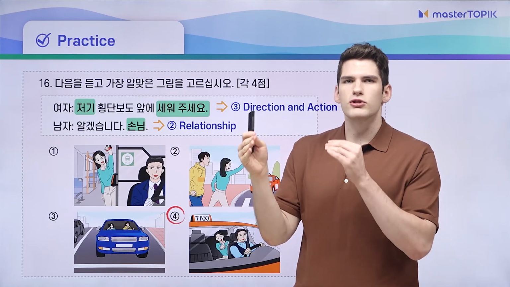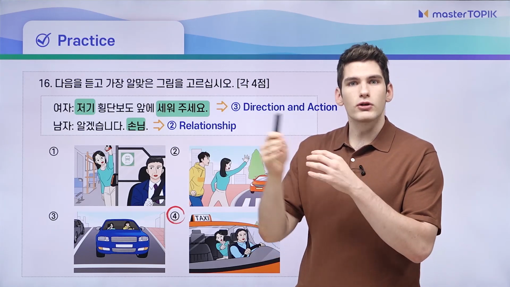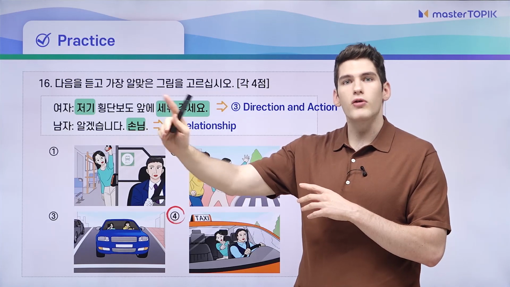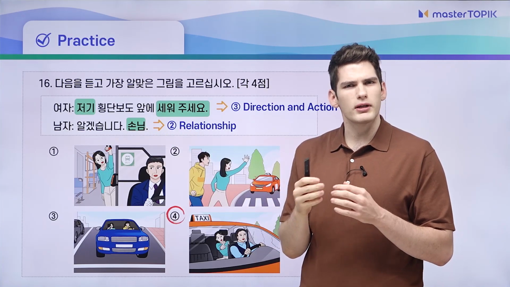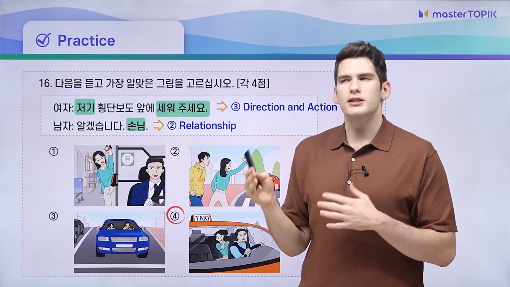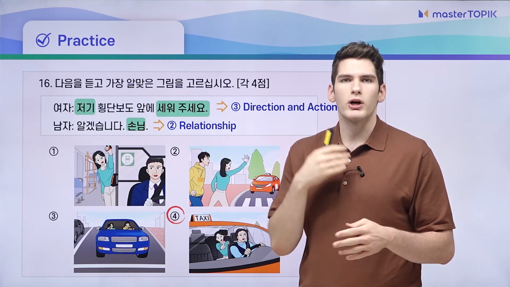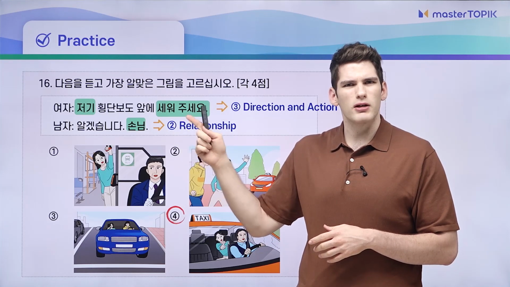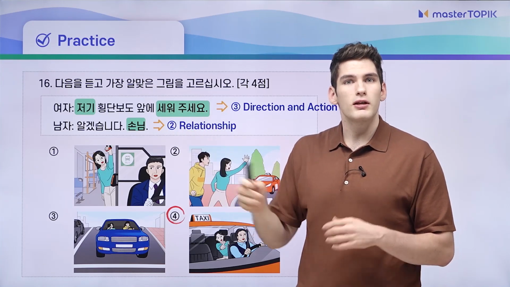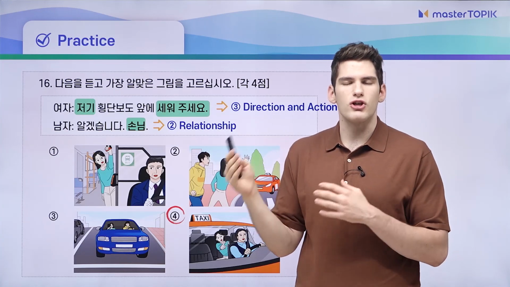Because 저기 is usually used for physical distance, right? Over there. And then 거기, it could be used maybe for a little bit closer, but it's also used a lot more often when we're talking, all right? Oh, you know, that restaurant that we went to that one time, that 거기, 그 어디지? You know, that's when you're going to use 거기 as opposed to 저기, right?